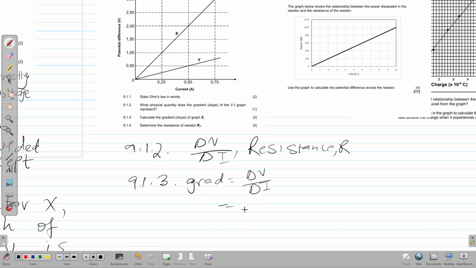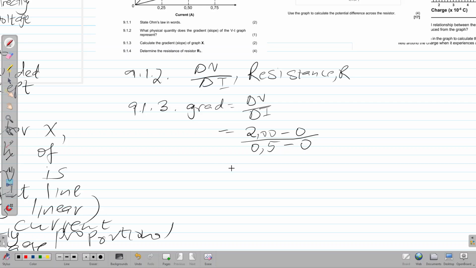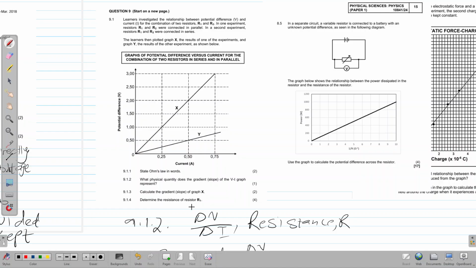So 2.0 minus the origin 0, divided by, when the voltage is 2, the current is 0.5, minus 0. When the voltage is 0, the current is also 0. I get 2 over 0.5, which gives me 4. And from 9.1.2, the gradient represents resistance. So this is 4 ohms.